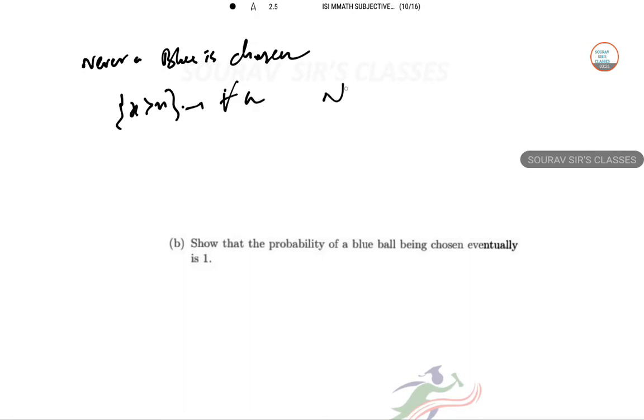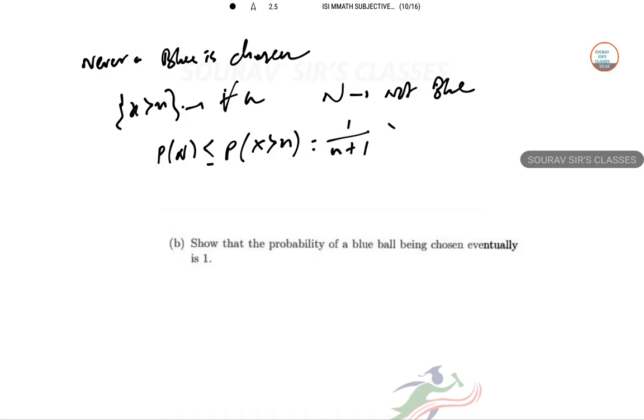Denote by capital N the event that a blue ball is never chosen. So the probability of N is less than or equal to the probability of X greater than n, which is 1 by n plus 1, that tends to 0 as n tends to infinity. So obviously the probability of N is equal to 0. So that's the second part done.